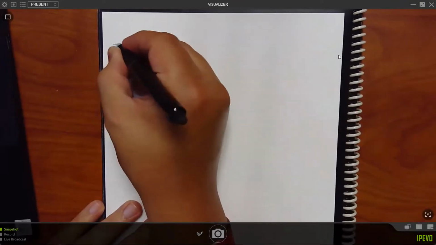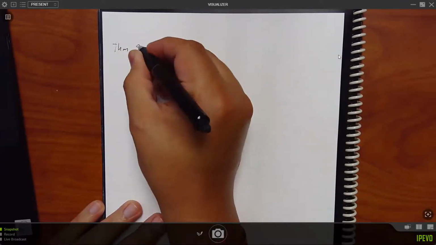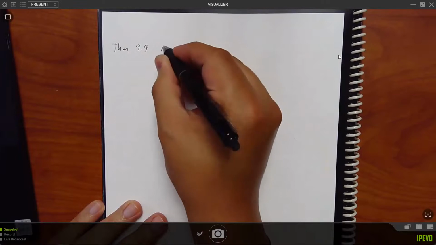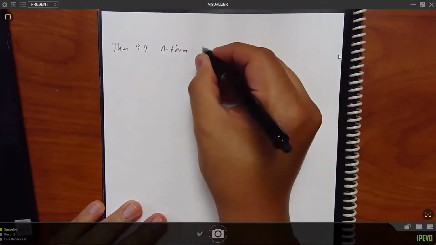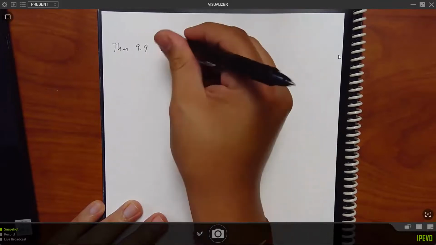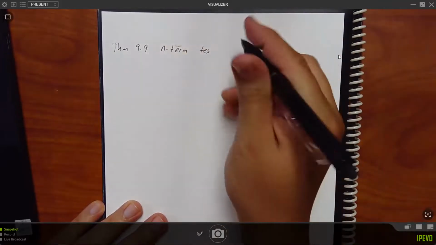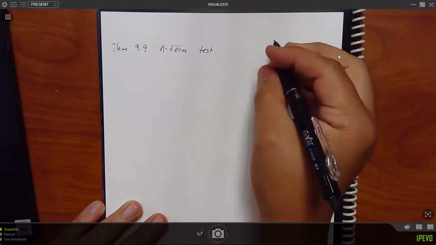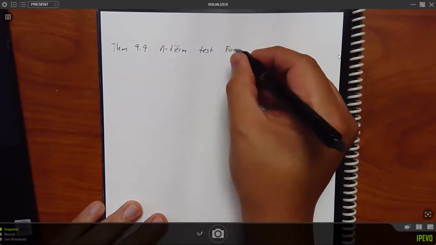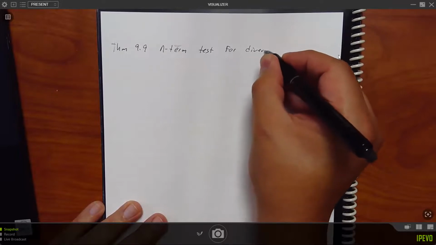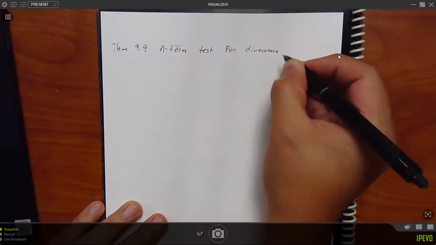All right, next theorem, 9.9. Nth term test for divergence. So this is a consequence of the last statement I made.